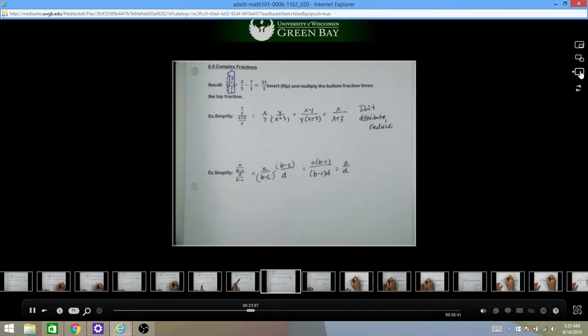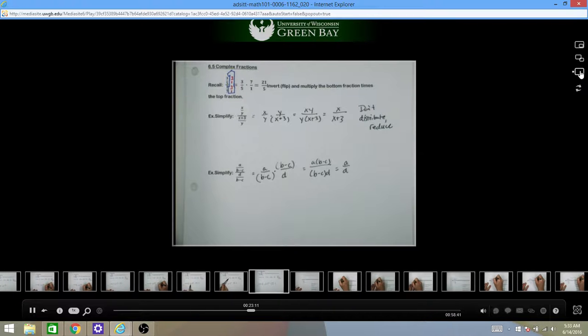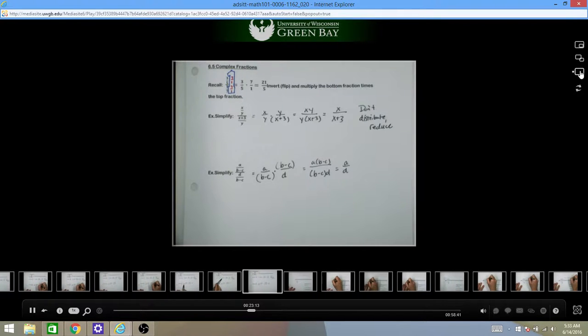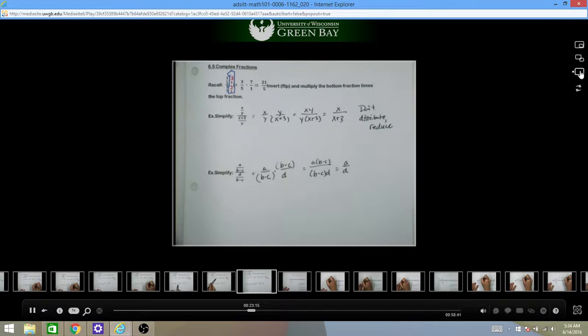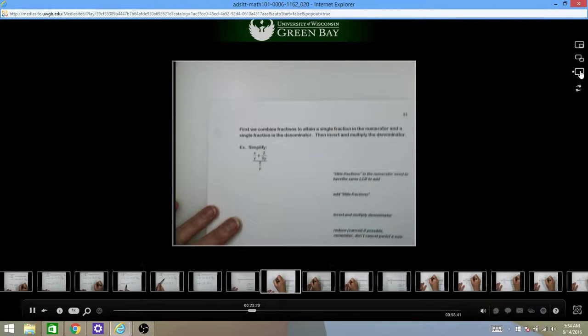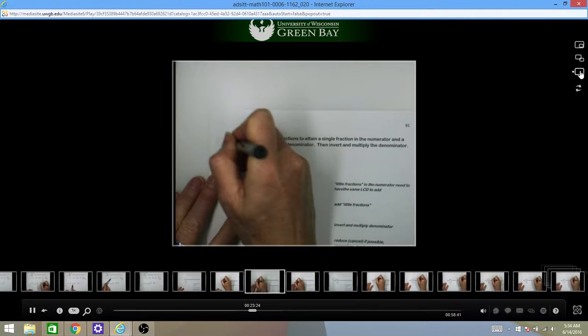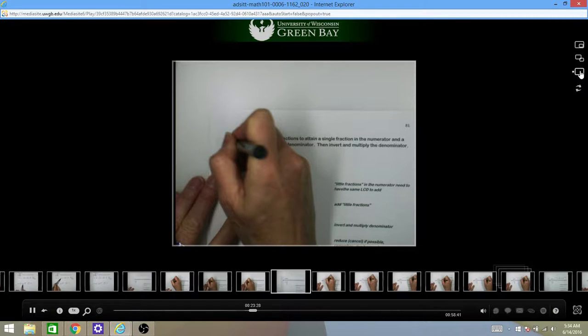Now there's 2 ways to simplify complex fractions. So this page, we'll use method 1, okay? This description is method 2. I used to just teach students method 2 because it's hard to do 2 methods for things.